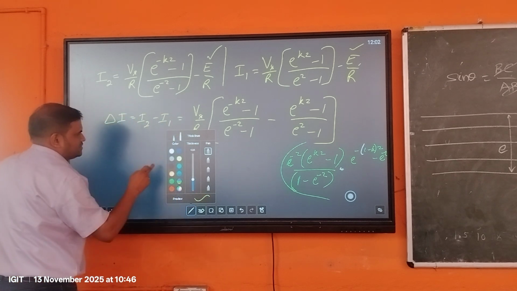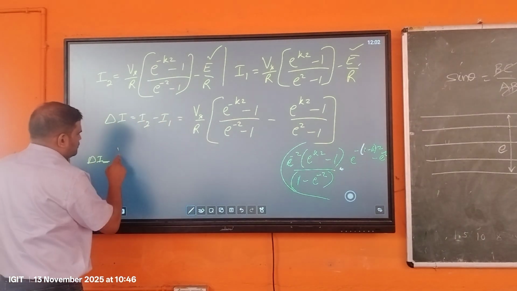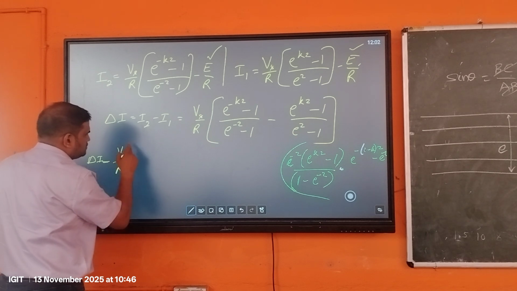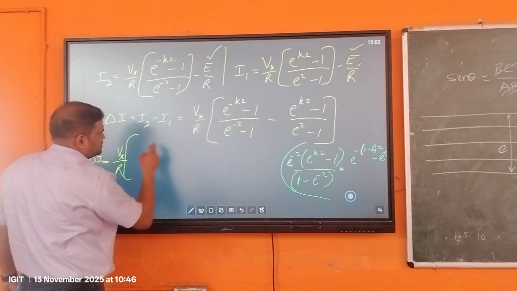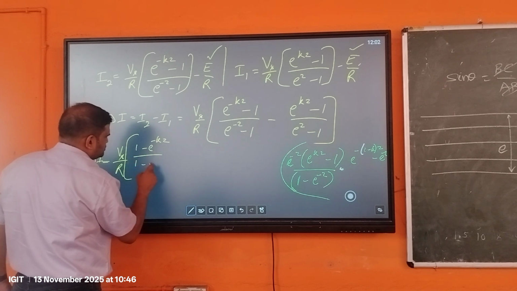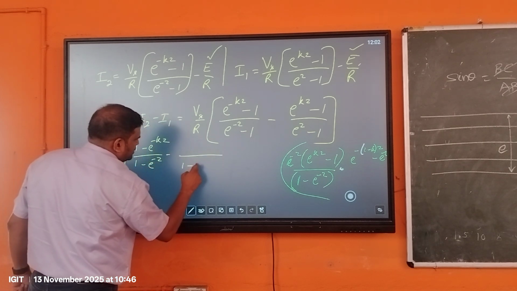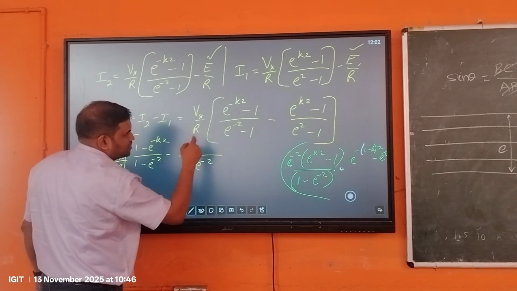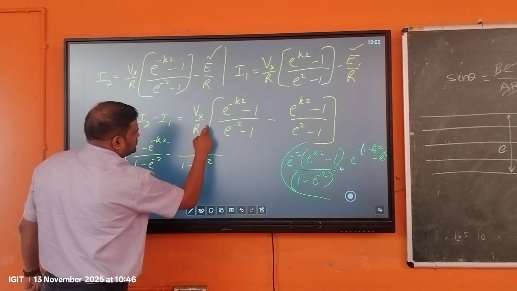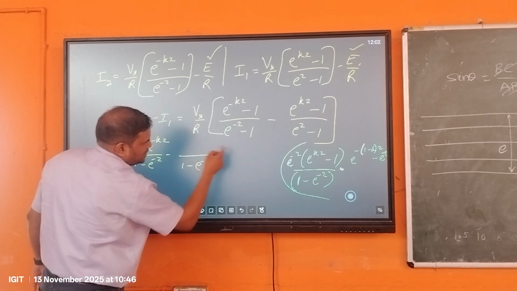So let us rewrite this. So del I is equal to Vs by R. Just reverse both the things, 1 minus e to the minus kz by 1 minus e to the minus z, minus 1 minus e to the minus z. On the top, what will it be? That thing will be e to the minus z into that, right?